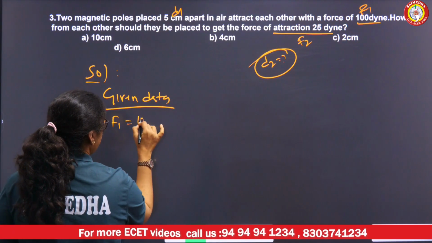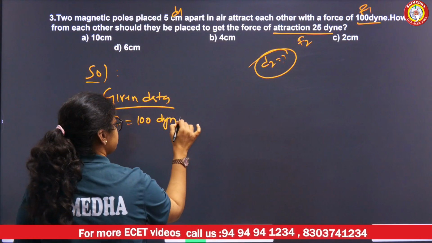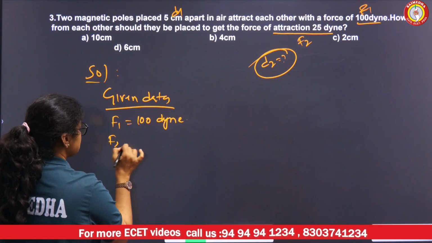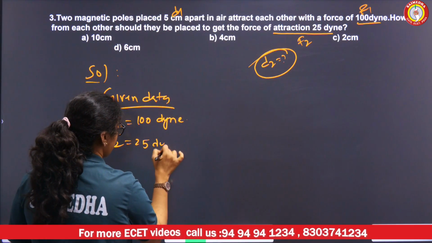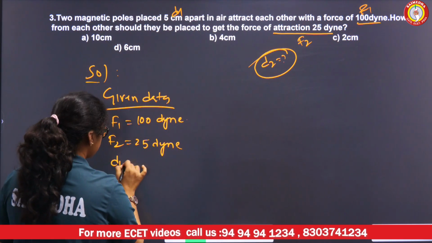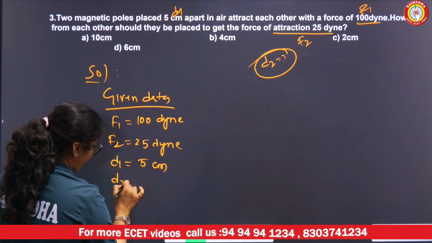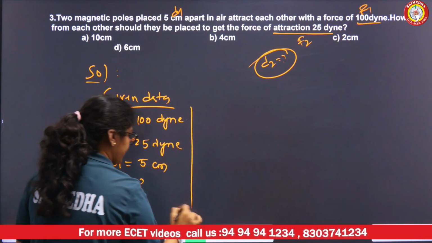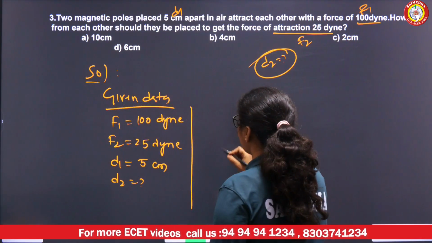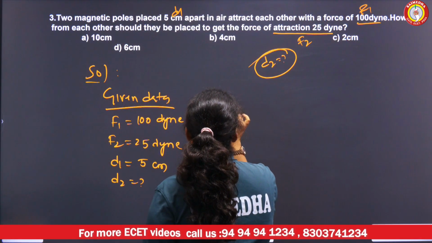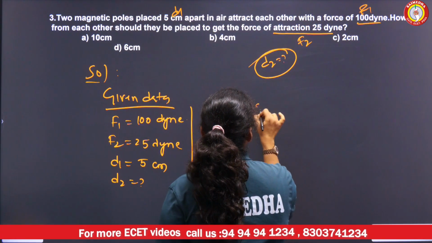That is 100 dyne. And F2 is 25 dyne, and D1 is 5 centimeters. So I have to calculate D2. Okay, done. Next. This problem can be solved by using the inverse square law.